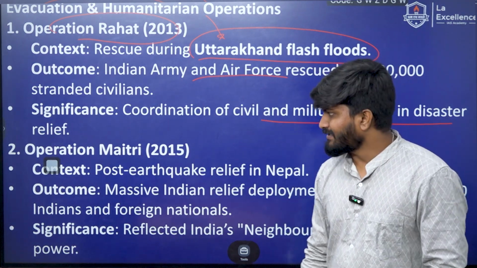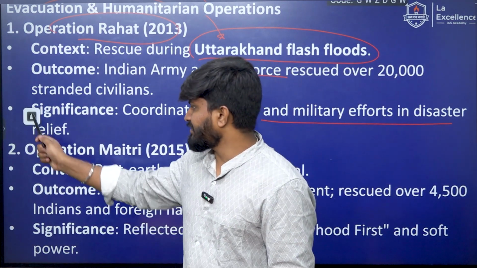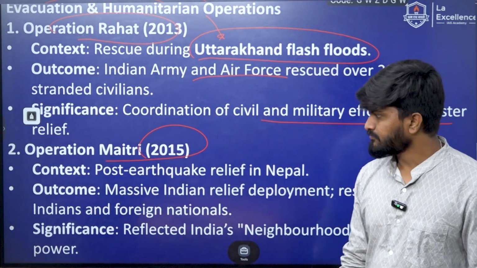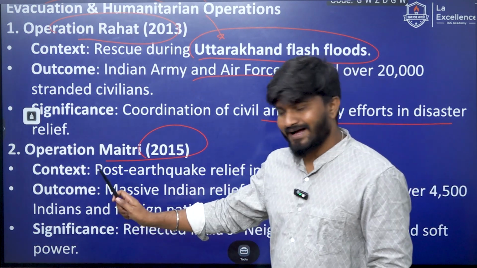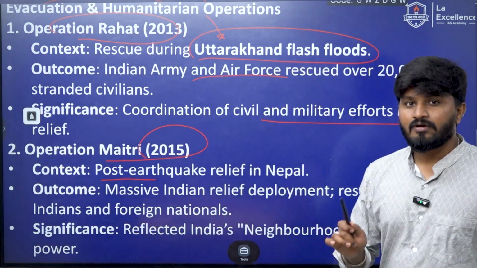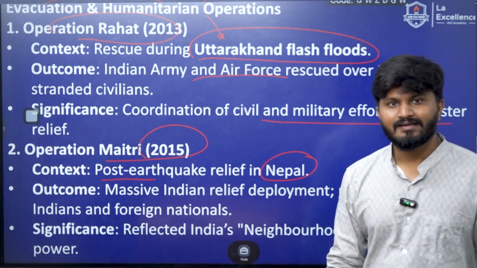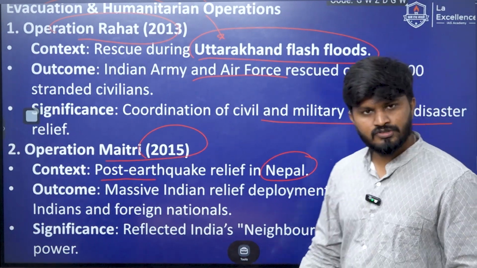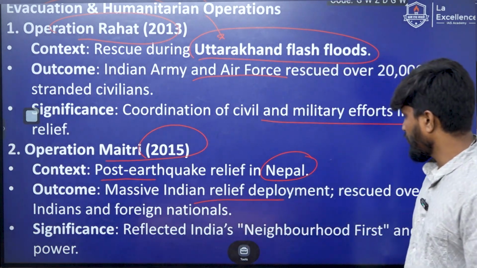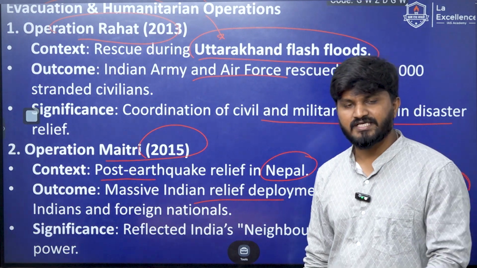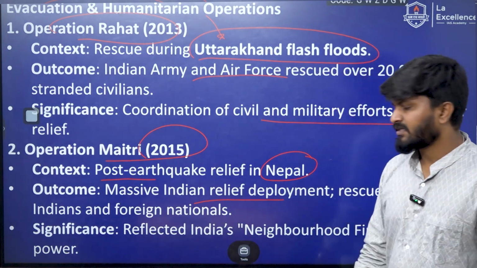Okay, and then there is Operation Maitri, which was conducted in 2015. This is post earthquake relief, not in India but in Nepal. The outcome was that the massive Indian relief deployment rescued over 4,500 Indians as well as foreign nationals from this earthquake.